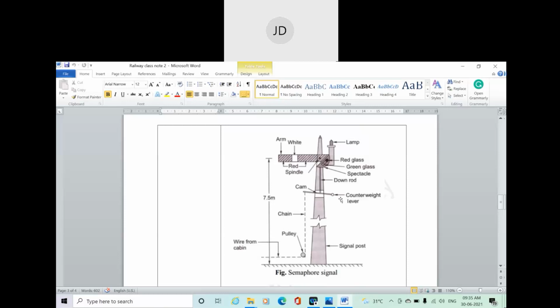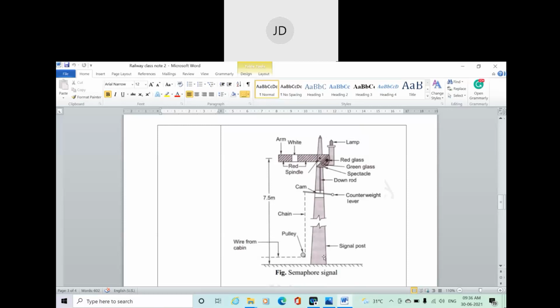When the arm is in this direction, the counterweight lever will be in the opposite direction so that we can maintain the weight. And this is connected to the control room along with a chain or with the help of a pulley wire from the cabin, or control room, whatever we say. So by regulating this chain, we can control the movement of this arm.